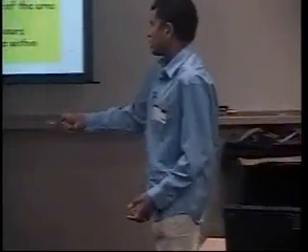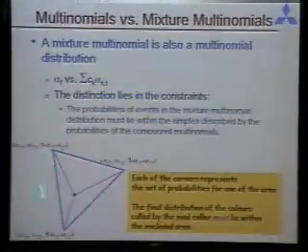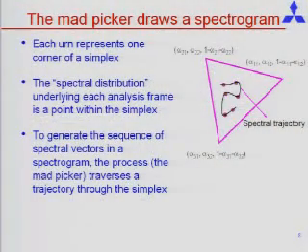So if you have only three urns, the probability vectors for the 3 urns will form a triangle. And any mixture multinomial that you generate by combining these 3 probability distributions is also a probability vector, and it's guaranteed to lie within the simplex. And this is the constraint on a mixture multinomial.